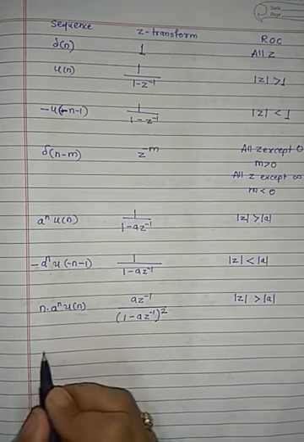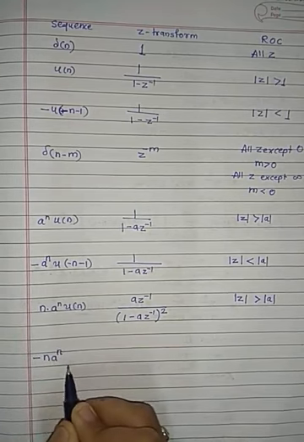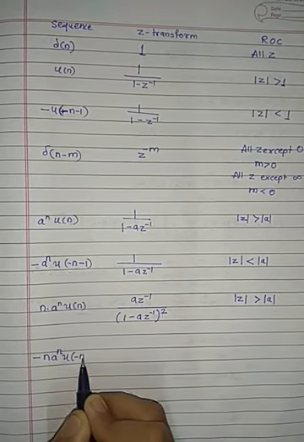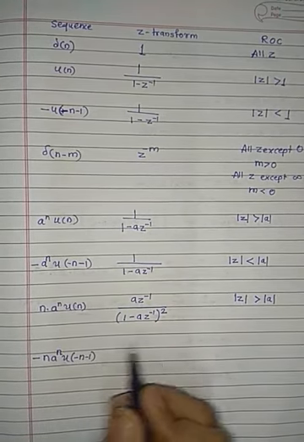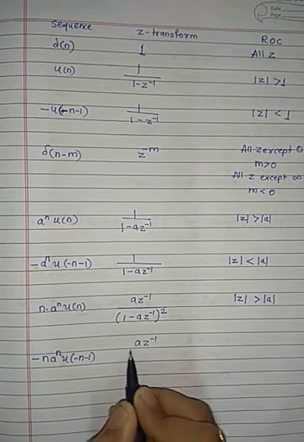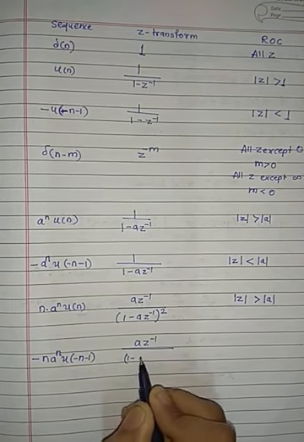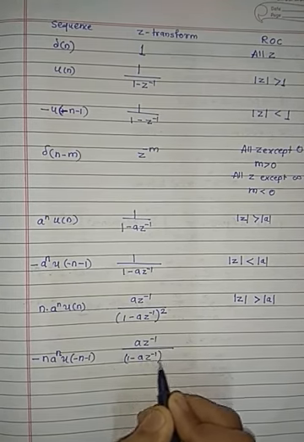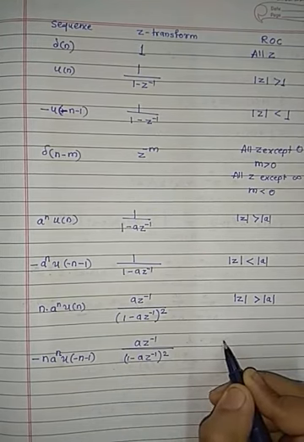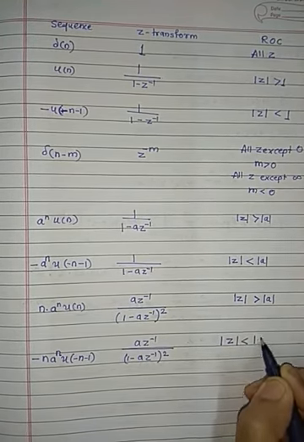In a similar manner, if the sequence is minus n into a raised to n into u of minus n minus 1, then its Z transform is a into Z raised to minus 1 divided by 1 minus a Z inverse squared. But the region of convergence is now modulus of Z less than modulus of a.